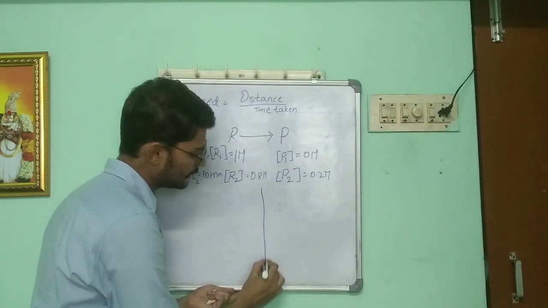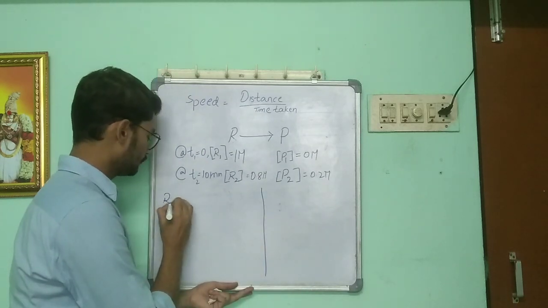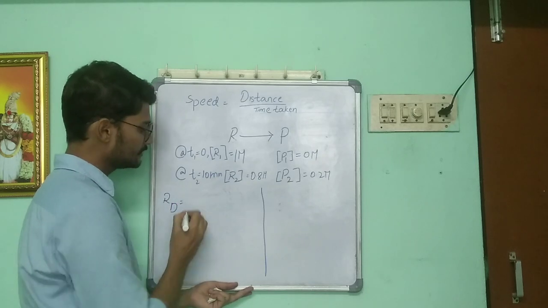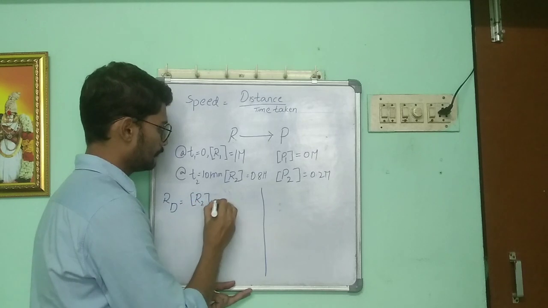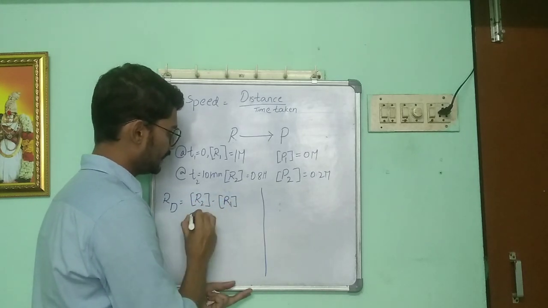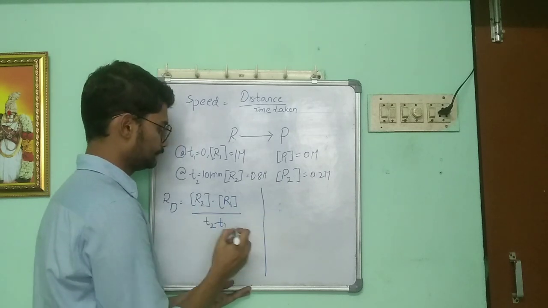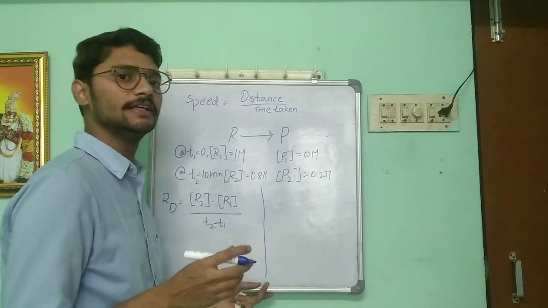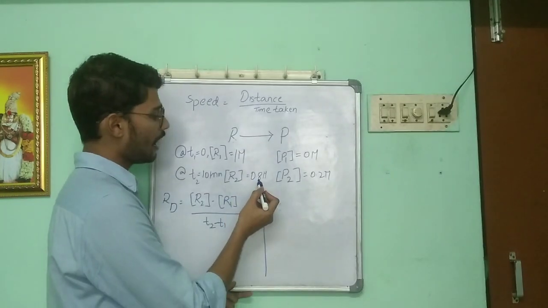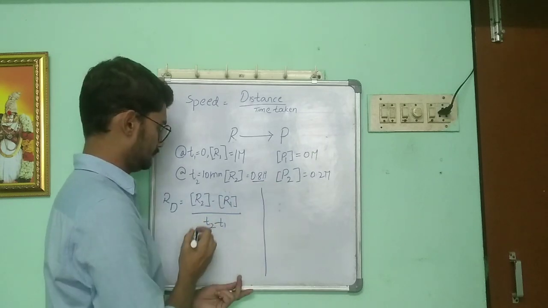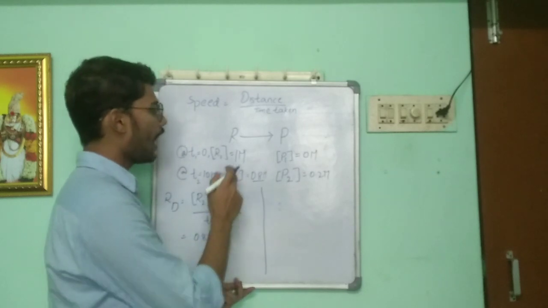Now we will try to calculate the rate of the reaction. Here we will be calculating the rate of disappearance of reactant and the rate of appearance of product. The rate of disappearance of reactant is nothing but R2 minus R1 divided by T2 minus T1. T2 minus T1 is the change in time, which we represent as delta T. Here you can see that R2 is 0.8 molar and it gets subtracted by R1, which is 1 molar.